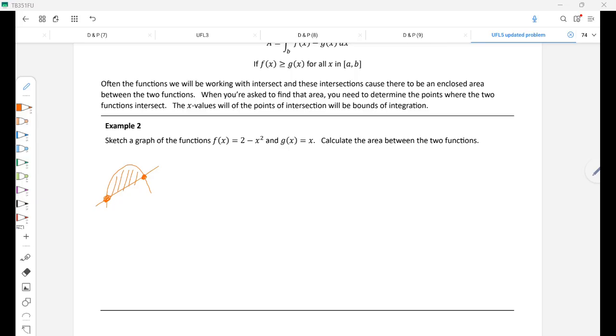And the way you do that is you just set the two things equal to each other. We just say that 2 minus x squared equals x, which is quadratic, so we should bring everything to one side.